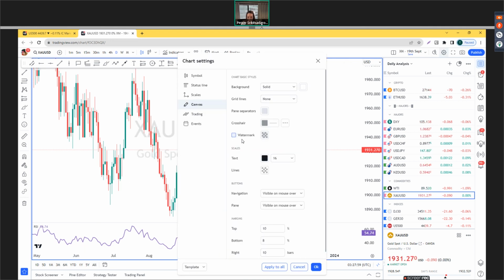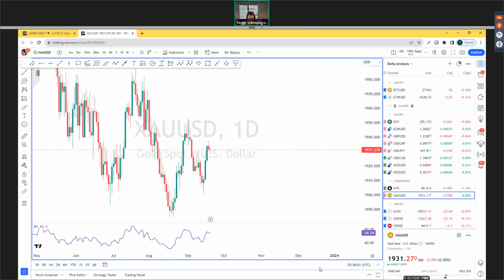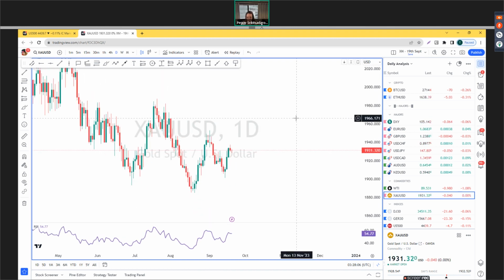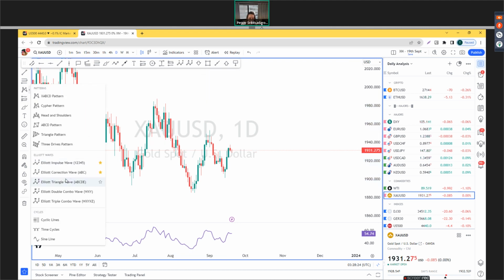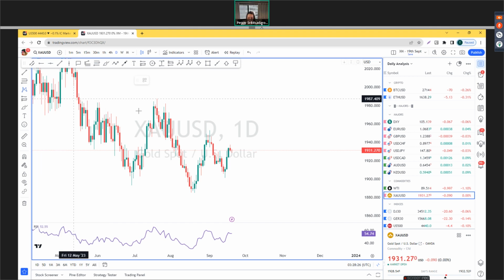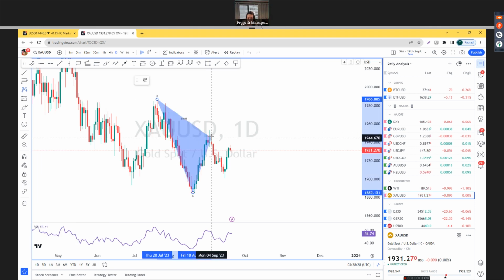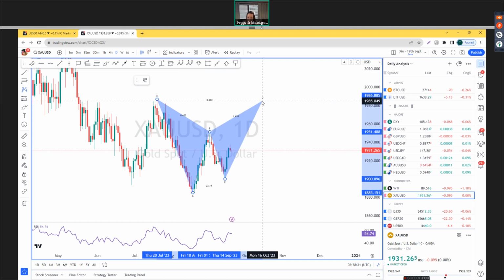We use harmonic pattern to predict the reversal, but I think this could be just to predict. I saw that this is a Gartley.